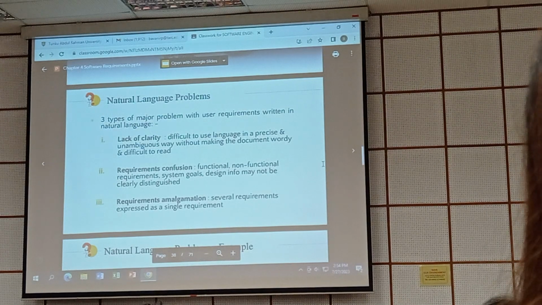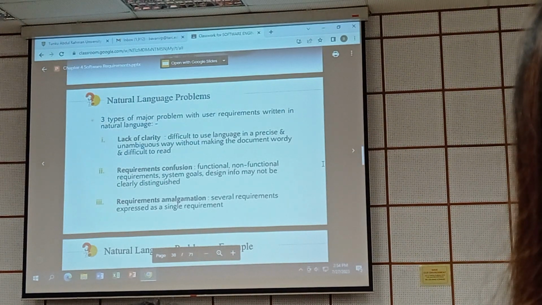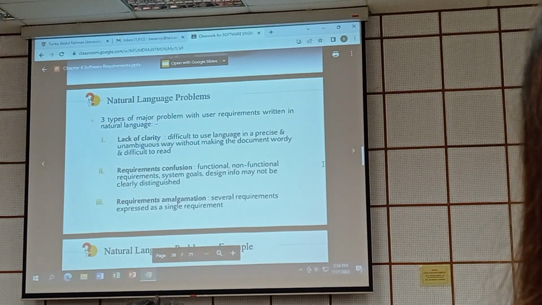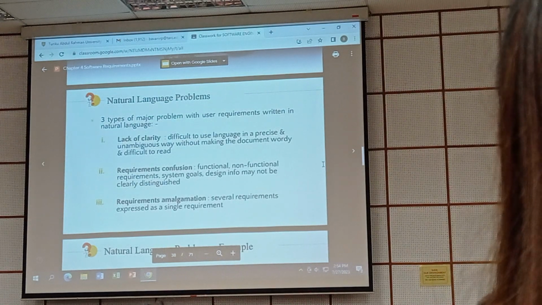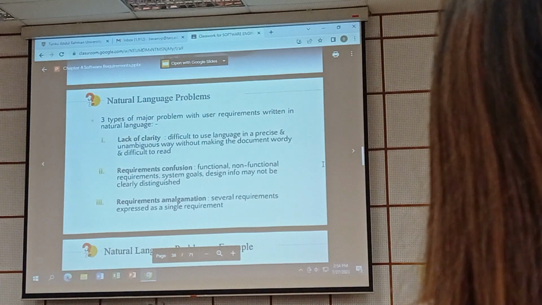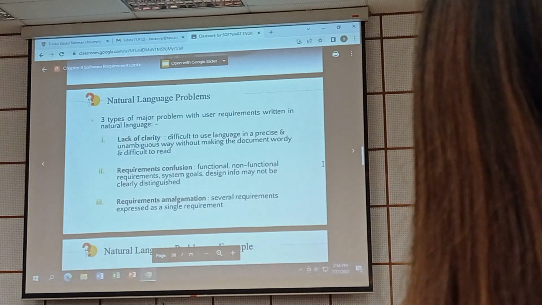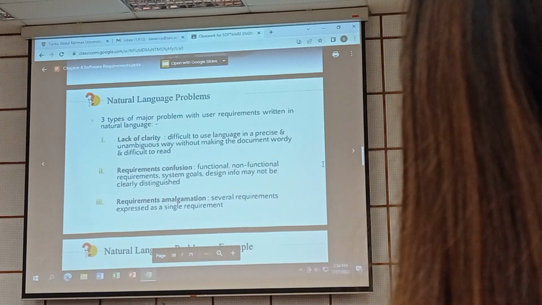If we are not using natural language, then what language do we want to use? We have problems in natural language. Is there any alternative? Yes, there is. Now let's look at the three major problems.